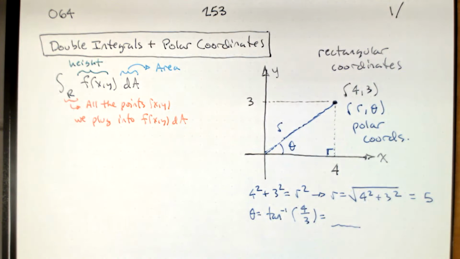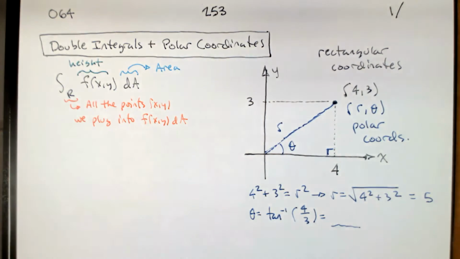If we have things going the other way, if we have polar coordinates and we want to convert to rectangular coordinates, we can note that the y is opposite theta and x is adjacent to theta.